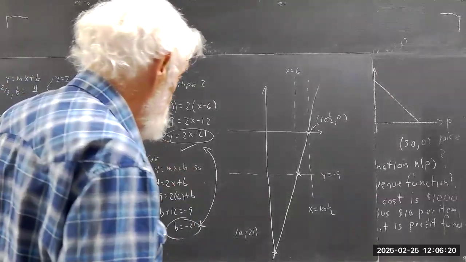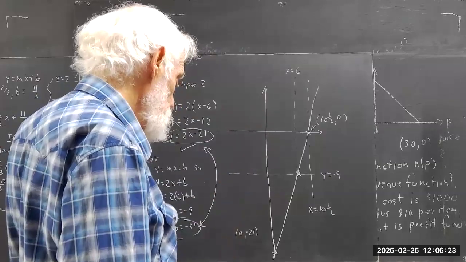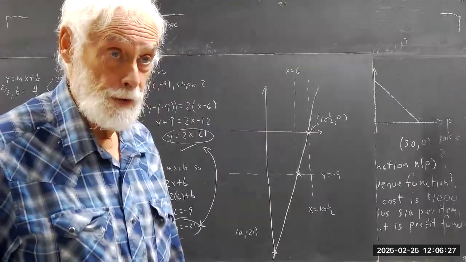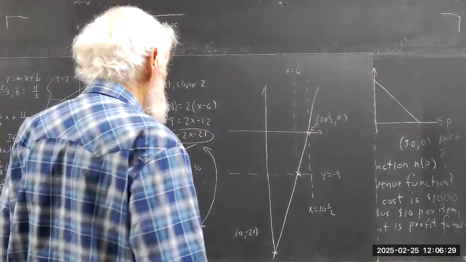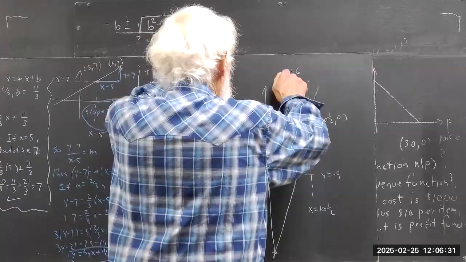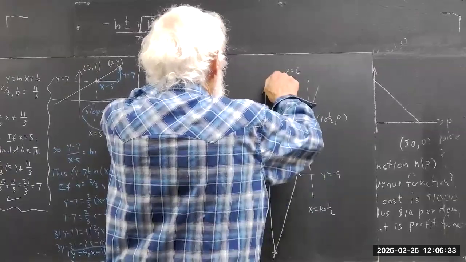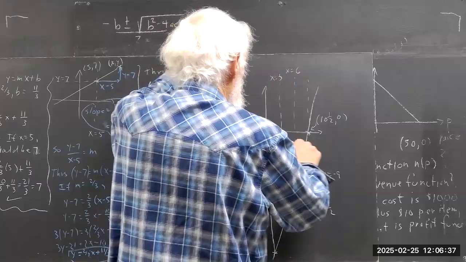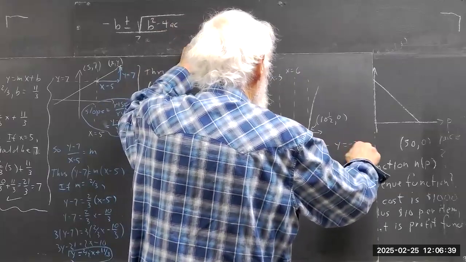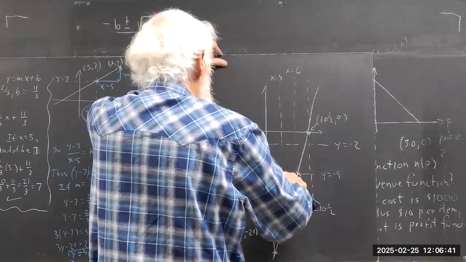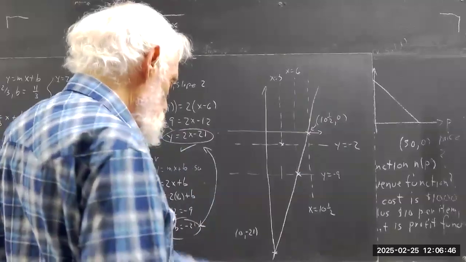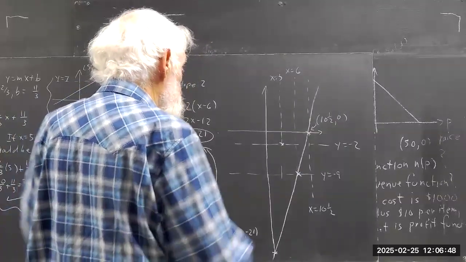Now I'm leading up to something else. I'm just going to do these lines pretty quickly. Then find the equation of a line through 3, -2, and 12, -6. Well, 3, -2: we want x equal 3, we want y equal -2. That would be maybe about here. And then 12, -6.